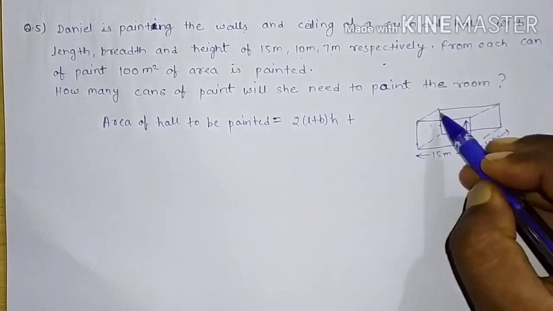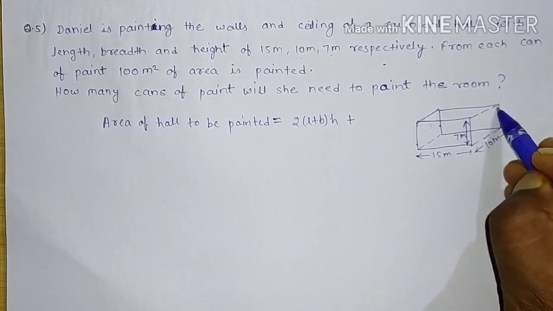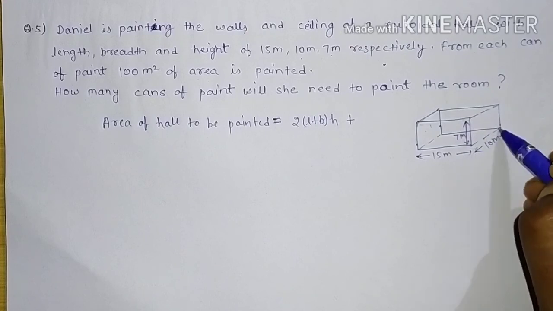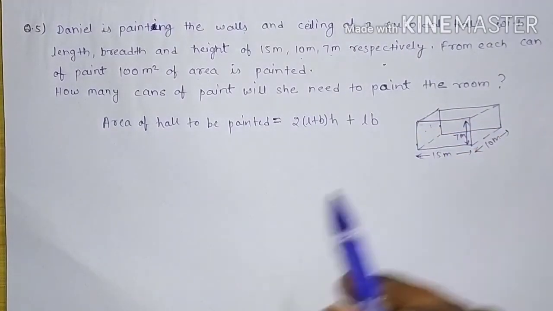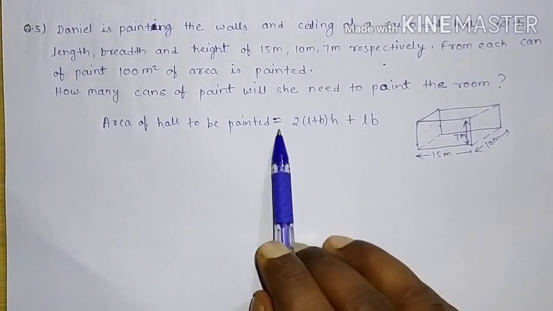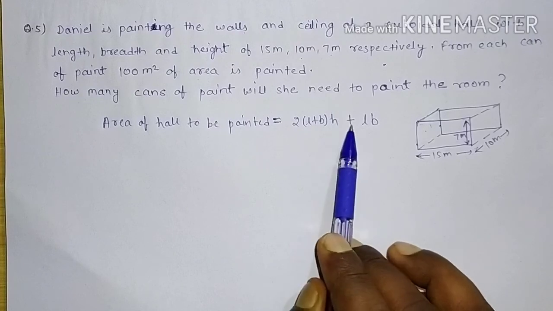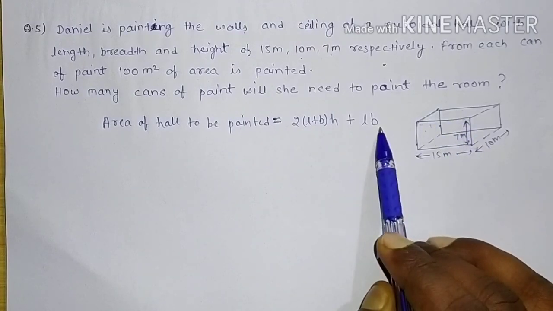Plus the area of the ceiling, which is length into breadth. So the area of the hall to be painted equals the area of 4 walls, 2(L plus B)H, plus the area of the ceiling, L into B.